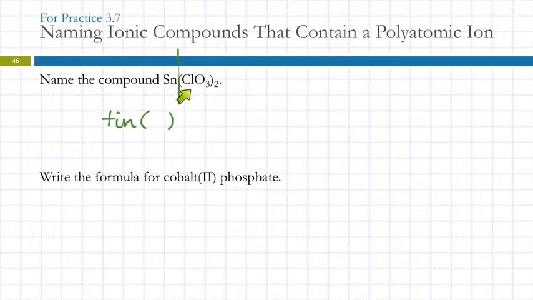And then we have this, ClO3 in parentheses with a 2 on the outside. So what's up with that? Well, inside the parentheses is the formula for a polyatomic ion. I think of the parentheses as being a little bit like shrink wrap, and then on the outside, this 2 tells us how many of those groups we have. A little bit like shopping at Costco. You can't buy 1 bottle of ketchup, right?